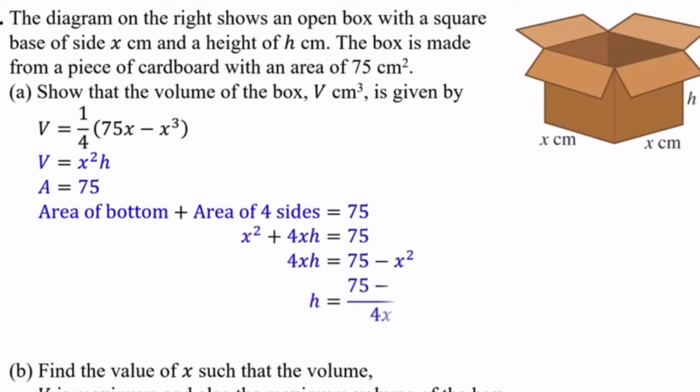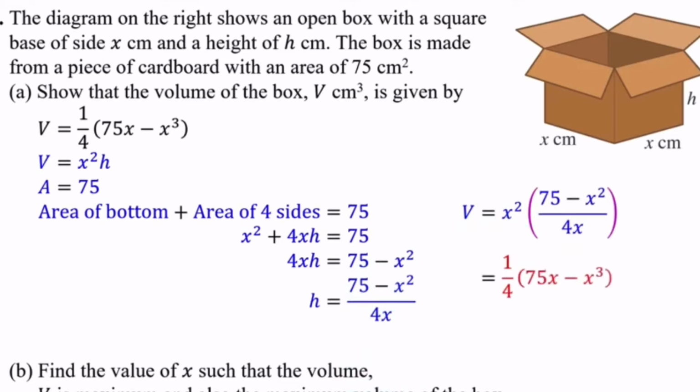Area of the box is actually inclusive of area of the bottom of the box plus area of the four rectangle faces, right? So then we will focus on the base, which is x squared, and the rectangle is x times h. So we have 4 sides, isn't it? So we times 4.